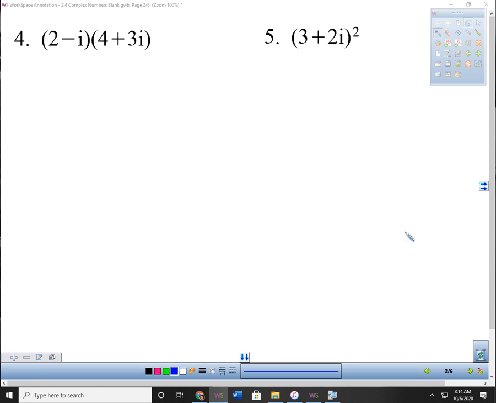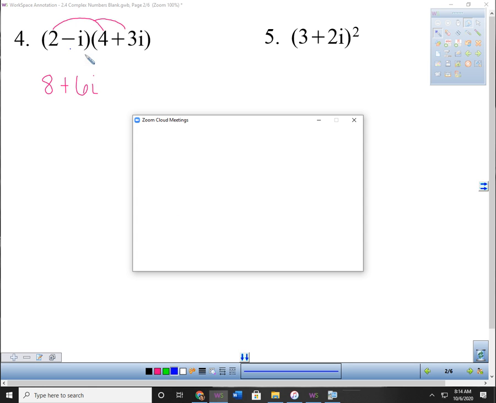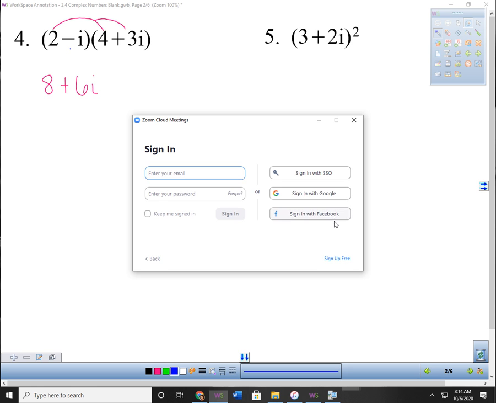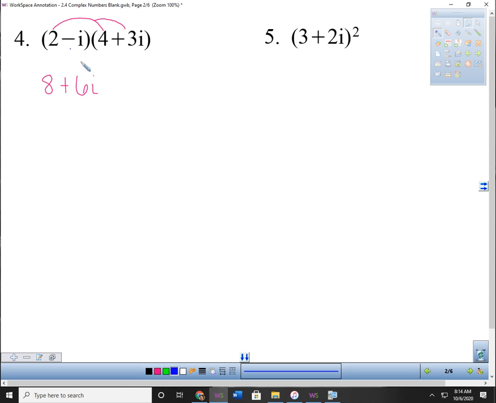Alright, when you multiply, you still do them just like you would any other binomial. So I take the 2 times the 4, that gives me 8. And 2 times 3i, that gives me 6i. Then you've got -i times 4. -i times 4 is -4i.